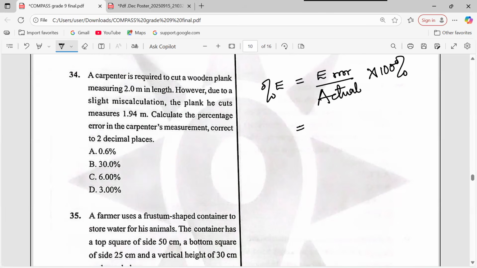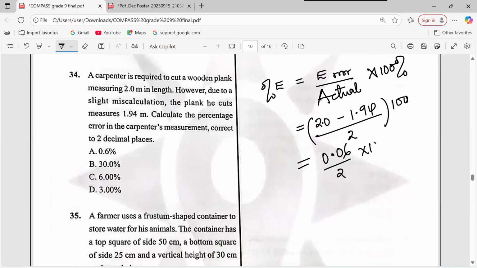So we need the error. The technical definition of what an error is actually the difference between actual values and estimated values. So 2.0, and we subtract 1.94, that will give us the error. Then this should be divided by the actual value times 100. So in this case, let's talk about 0.06 out of 2 times 100.